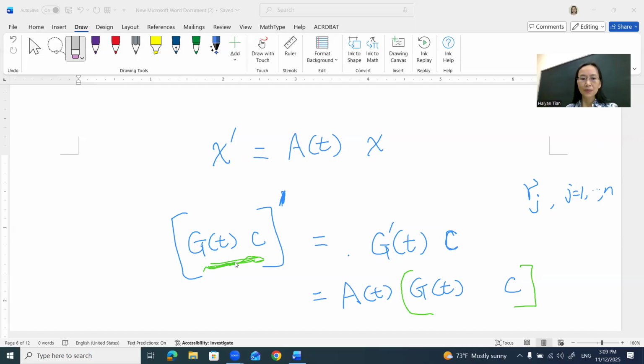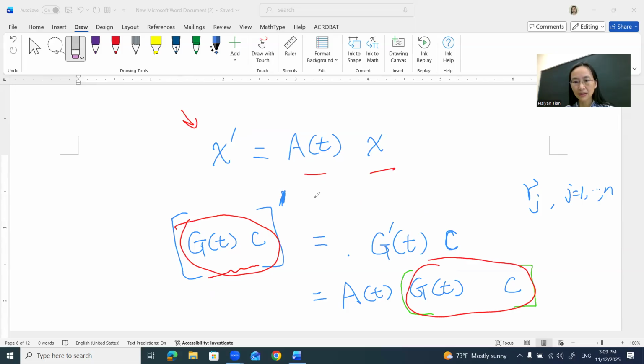So that is to show that this G times C is a solution of the homogeneous problem. Yes, so that shows that if we substitute the GC into the equation, in the place of X, then the derivative of GC equals A times GC. So that shows that G times C is a solution of the homogeneous problem.